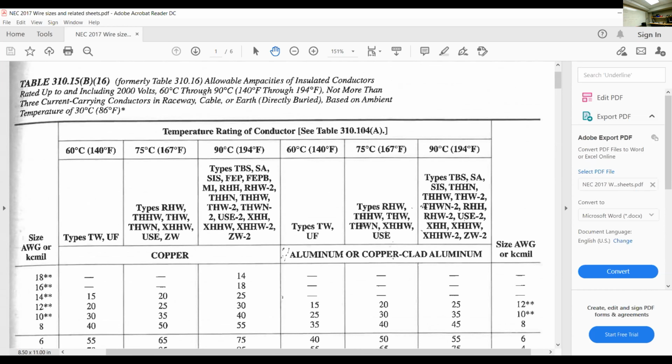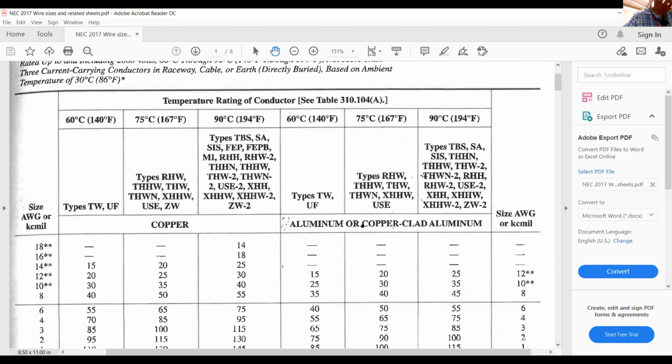These numbers are based on an ambient temperature of 86 degrees Fahrenheit in the room. So you can pull 55 amps for that wire if that room is no more than 86 degrees Fahrenheit. So what happens if that room is 105? If it's an air compressor room, it's really hot.